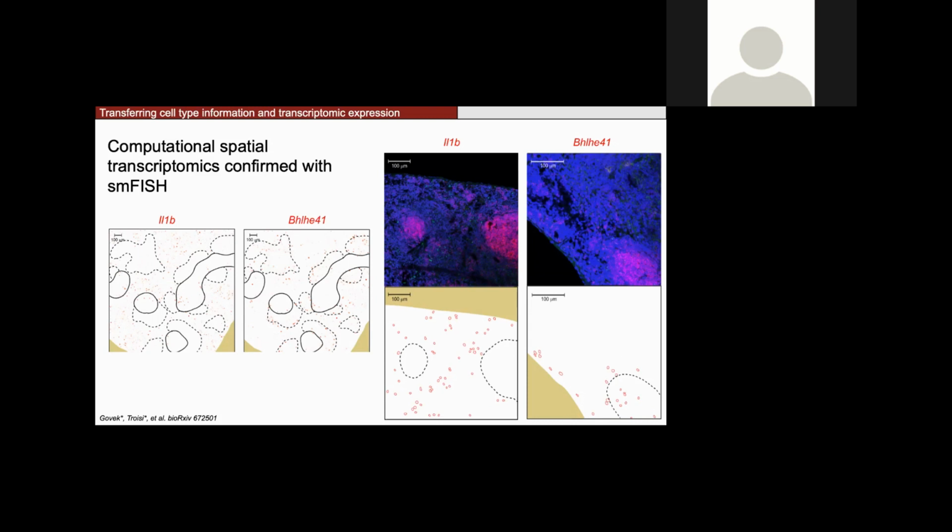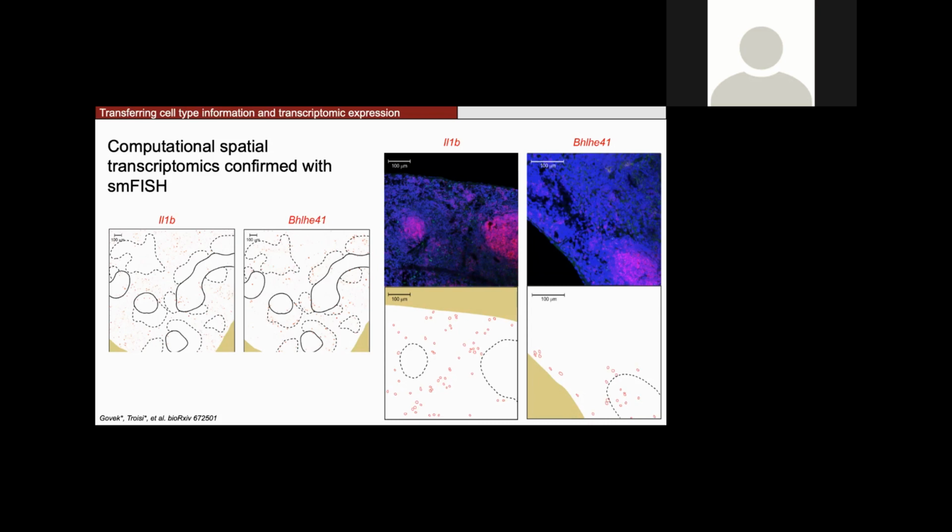BHLHE41 is a marker for B1 cells. So you can see that just from these left-hand predictions, they show up where we would expect. IL-1B shows up in the red pulp, but not at all in the B cell follicles, whereas BHLHE41 shows up in the B cell follicles or mostly around them.